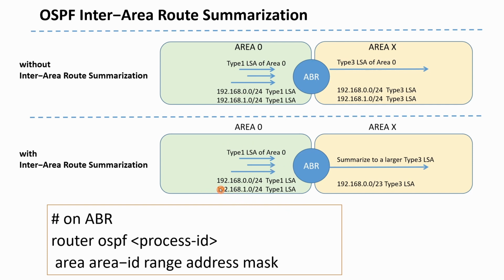For instance, they summarize 192.168.0.0/24 and 192.168.1.0/24 into a slash 23 route, that is 192.168.0.0, as a Type 3 route. So the detailed information of each subnet is removed. Just leave a big subnet and send it to area X.